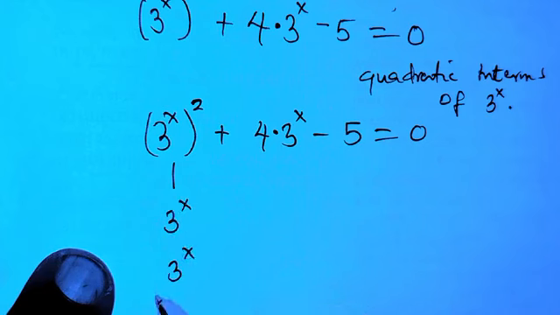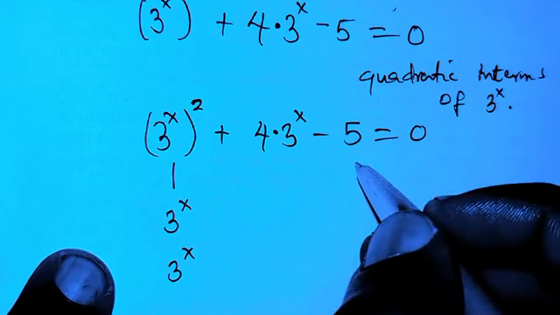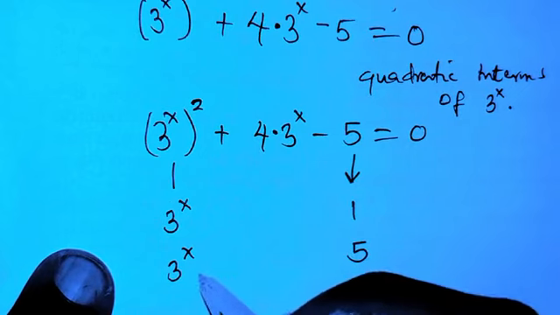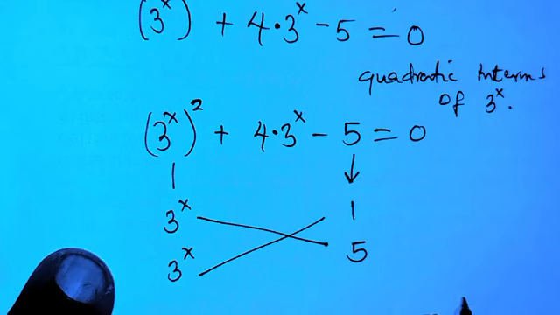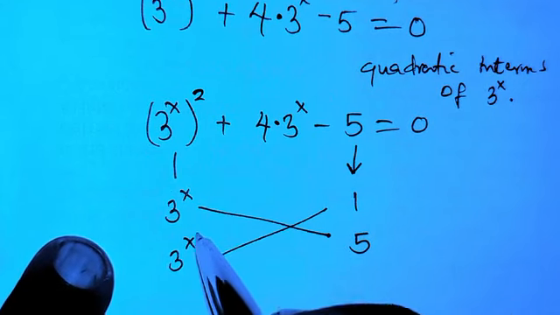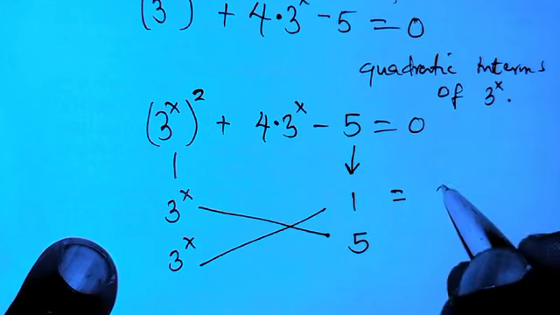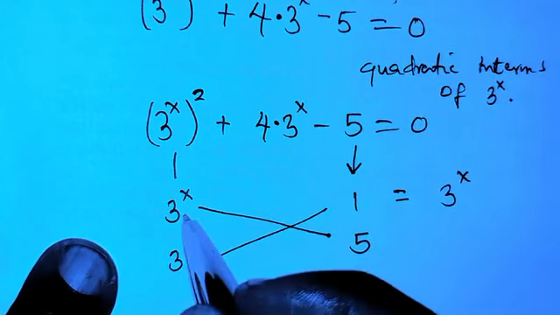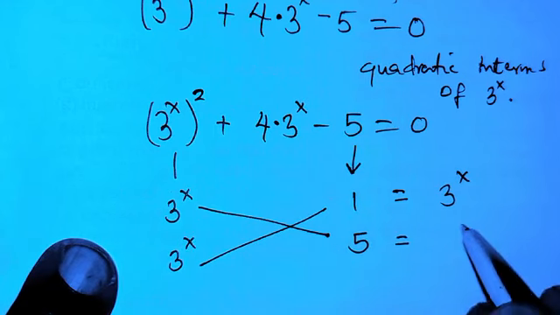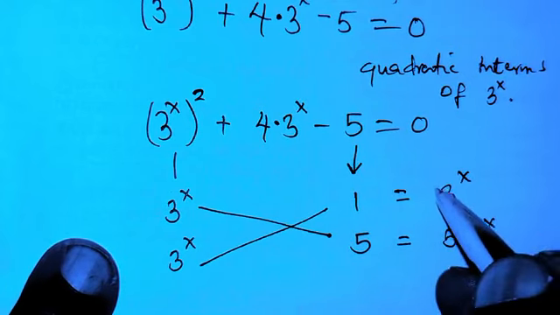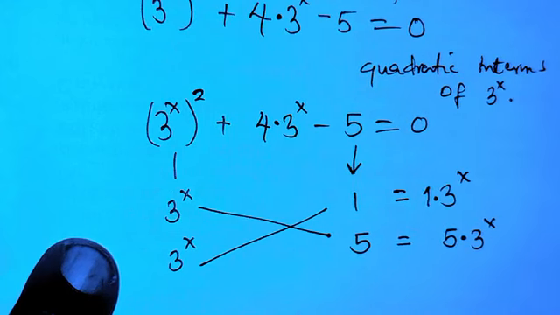I try to find their product, and here, which is 5, the last term, this is going to be 1 over 5. I can do cross multiplication like this. Now 3 to the power x times this gives us 3 to the power of x, and 3 to the power x times this one gives me 5 multiplied by 3 to the power x. And don't forget that this one is like 1 multiplied by 3 to the power x.